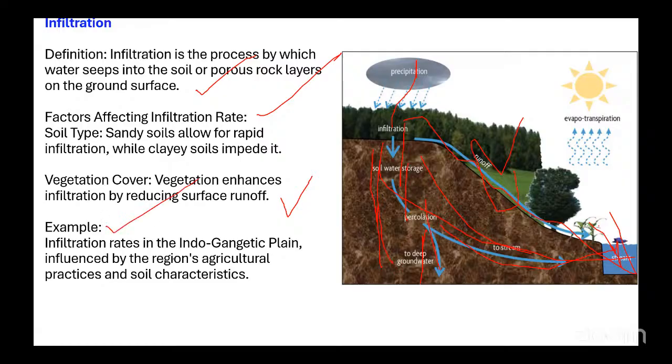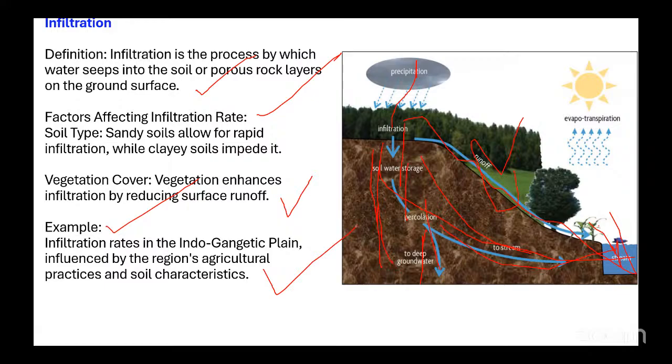the best example is the infiltration rates in the Indo-Gangetic Plain. Okay, the Indo-Gangetic plains are influenced by the region's agricultural practices and soil characteristics. Because these Indo-Gangetic plains have large delta plains or alluvial plains, and these alluvial or delta plains have high porosity, high infiltration characteristics and lesser runoff conditions.